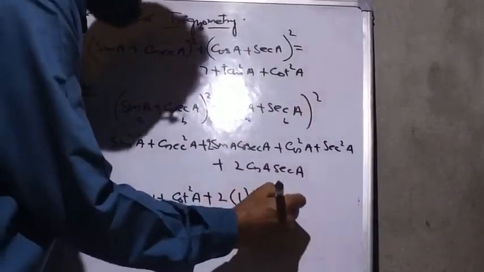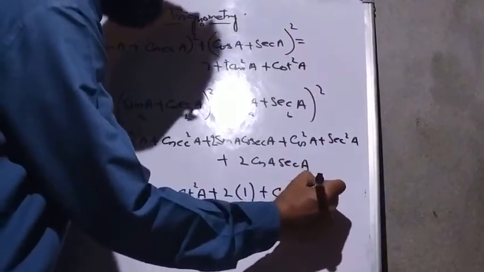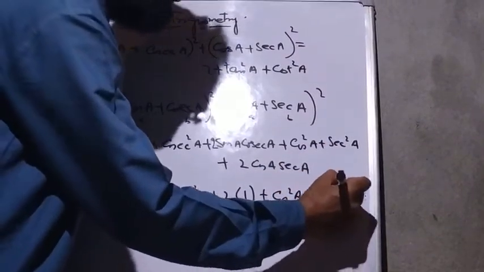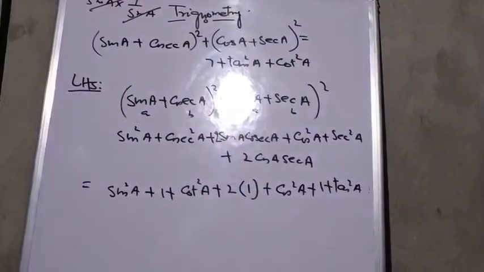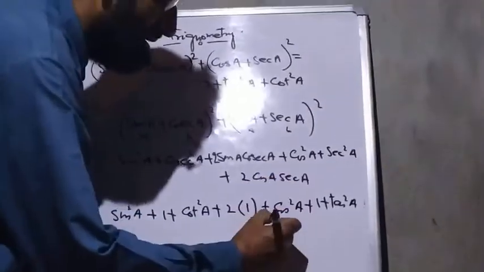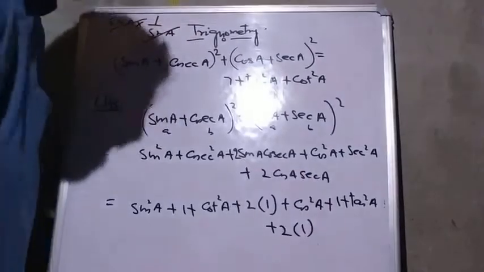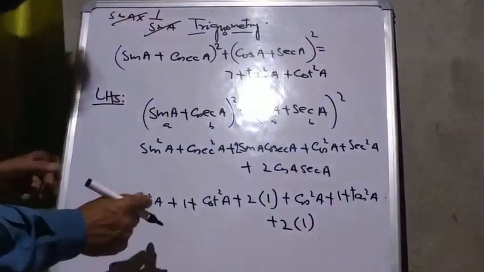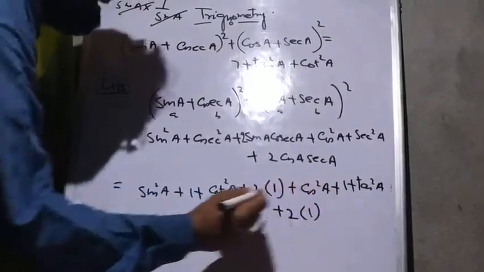Plus cos square A plus, what is sec square? It is 1 plus tan square A. We already know this identity. 1 plus tan square A is sec square A, plus twice cos A into sec A is again 1, because cos A is multiplied to its reciprocal. So now look here, sin square A plus cos square A, this is the fundamental identity.